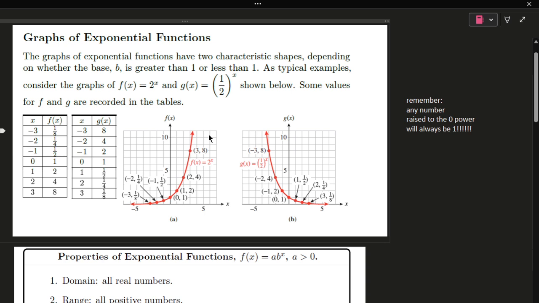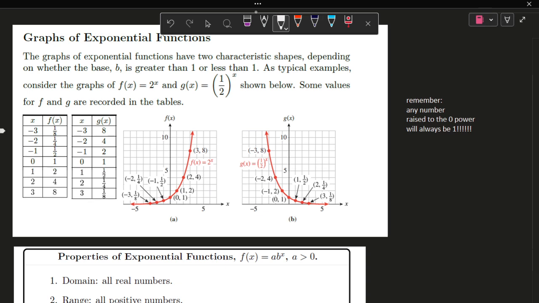but these are just notes from a textbook I have. And I really like that it's using this example right here, where it uses 2 raised to the x and 1/2 raised to the x for the functions that we're comparing. Because if you remember, those two functions are the exact same thing as the paper folding assignment we did, where when you would fold the paper, the multiplier would be 2 in terms of how many more squares would show up on the paper.